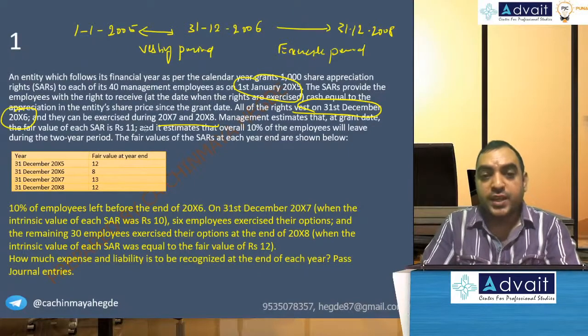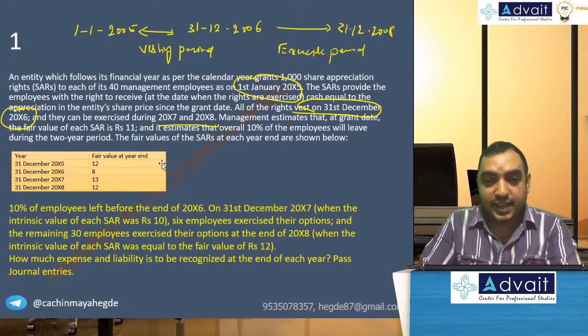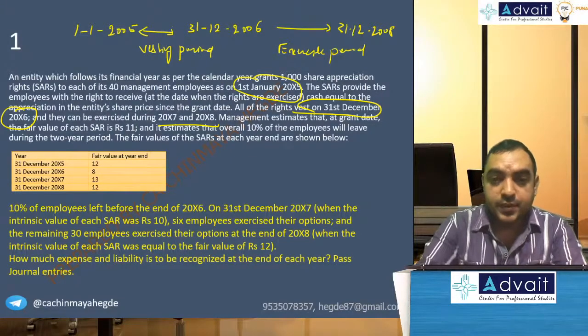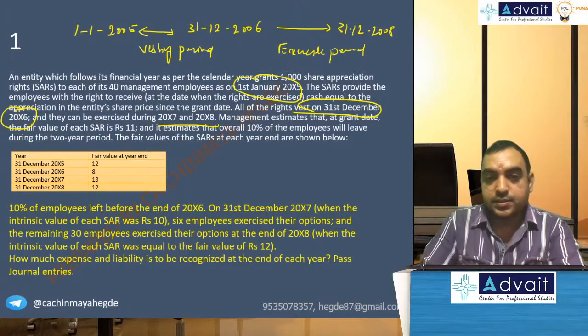Now, number of employees expected to satisfy the conditions. How many employees were there? 40 employees. 10% of them will leave, and that is overall, not 10% per annum. So 40 into 90%, that is 36.